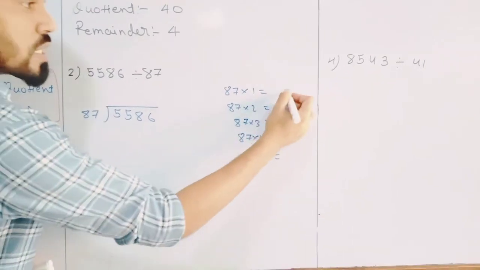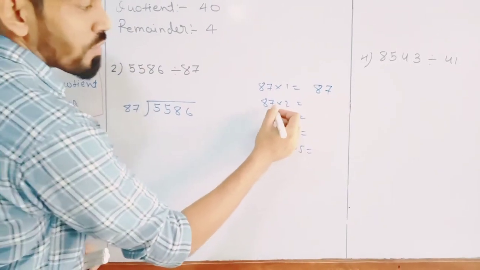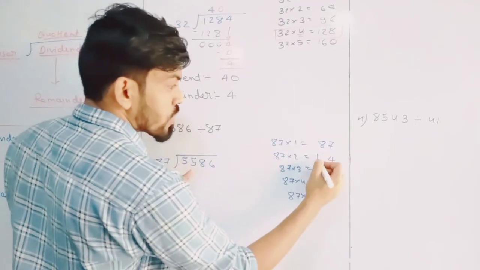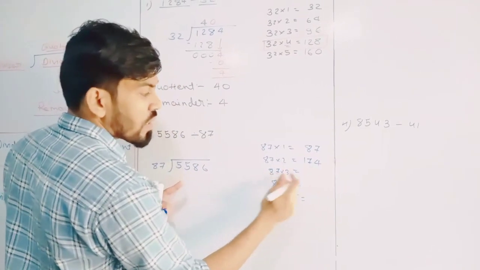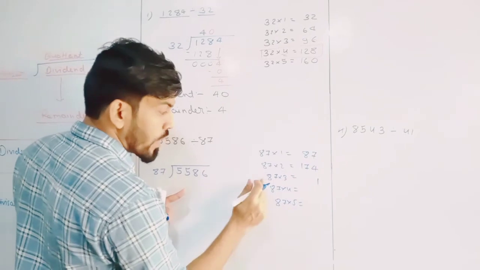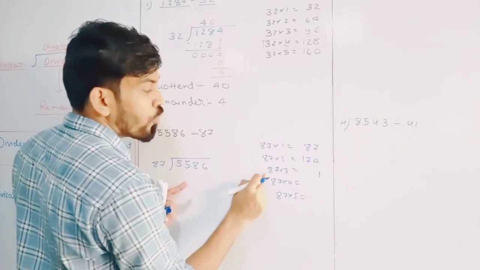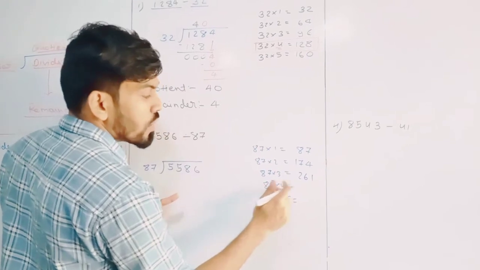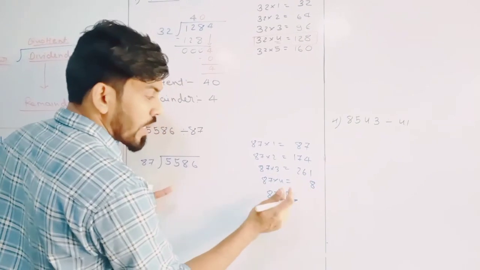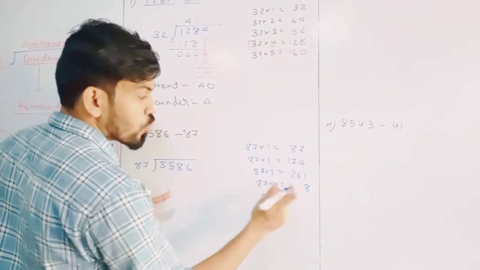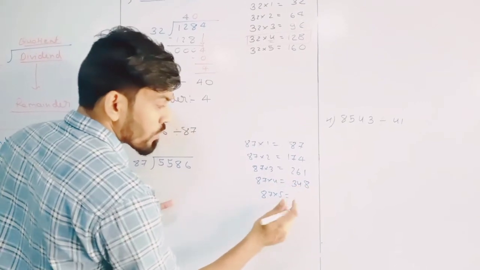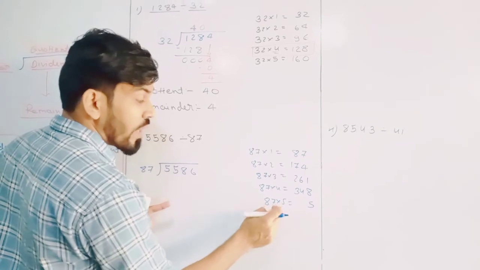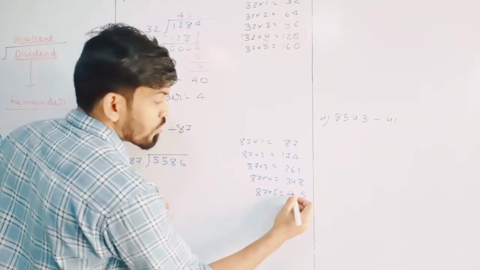So 87 ones are 87. 2 7s are 14, 1 carry, 2 8s are 16 plus 1, 17. 3 7s are 21, 2 carry, 3 8s are 24 plus 2, 26. 4 7s are 28, 2 carry, 4 8s are 32 plus 2, 34. 5 7s are 35, 3 carry, 5 8s are 40 plus 3, 43.